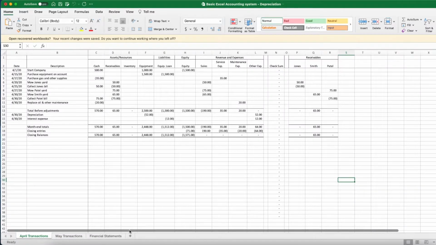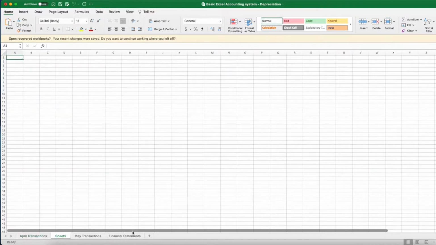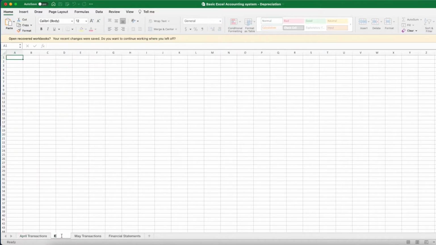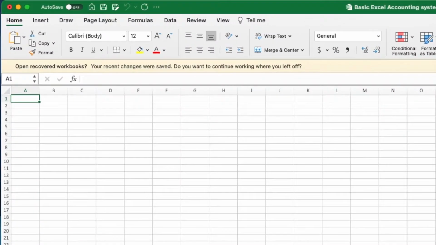So I'm going to start by creating a new worksheet. We're just going to call this equipment, and this is going to list all of my equipment. In the first column, we are going to have date, and then in each subsequent column, we are going to have a description of the equipment and then its useful life.